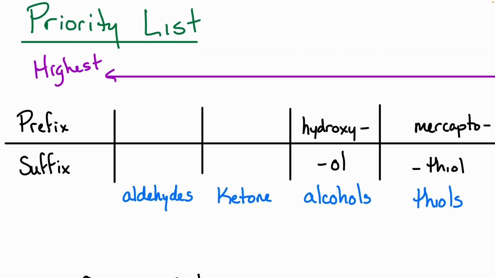We already talked about the suffix for these two functional groups. The suffix for the aldehyde is the -al, and the suffix for the ketone is -one, O-N-E. But the prefix for these two functional groups is actually the same. It's oxo.